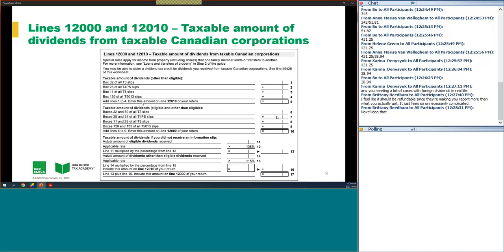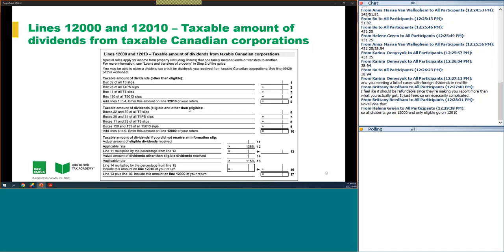Don't forget the reporting line. The reporting line for other than eligible dividends matters because it changes what happens on the provincial side. You get taxed at a lower rate. You get a different provincial dividend credit. So we have to make sure that other than eligible goes on 12010. All dividends go on 12000.